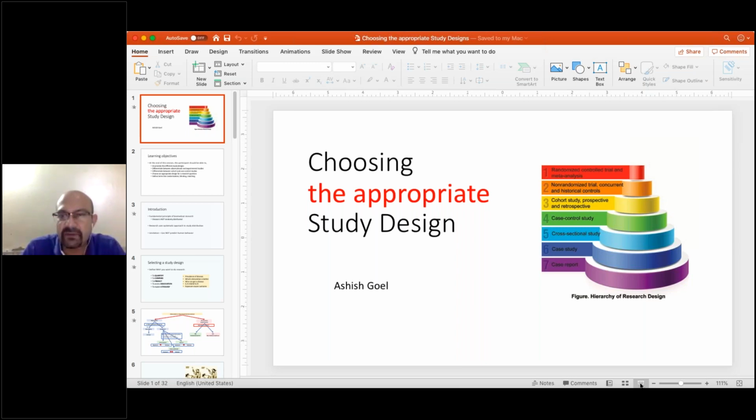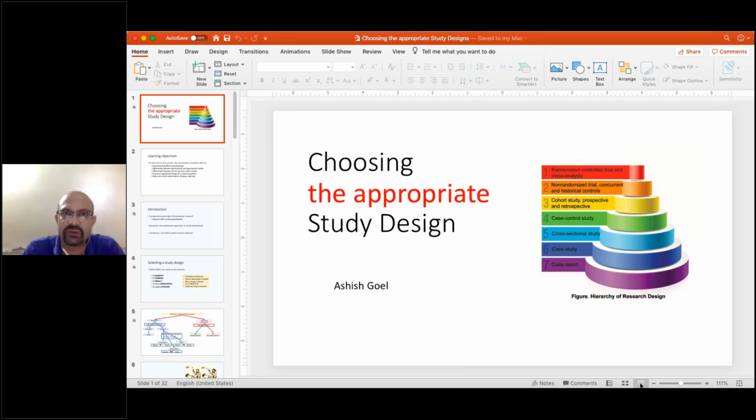So the first thing that we need to understand, आपको जब अपना methods लिखना पड़ेगा, जैसा डॉक्टर राजर्षि ने पिछले सेशन में बताया था, पहली line you would have to write is what is the study design? What is the design of the study that you are conducting?